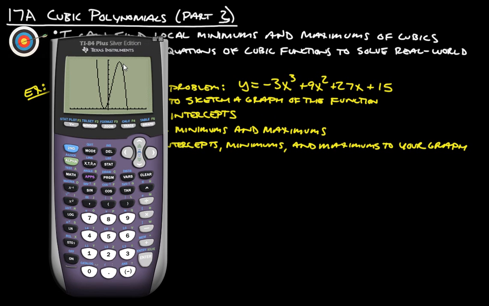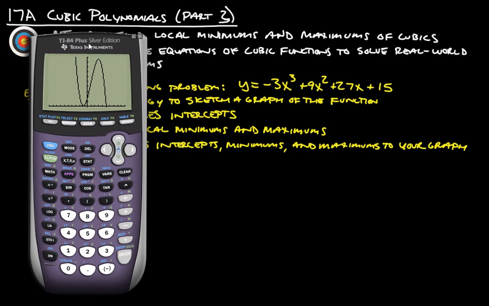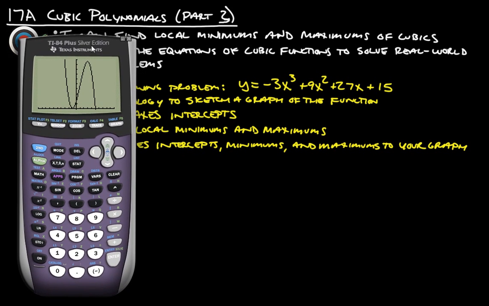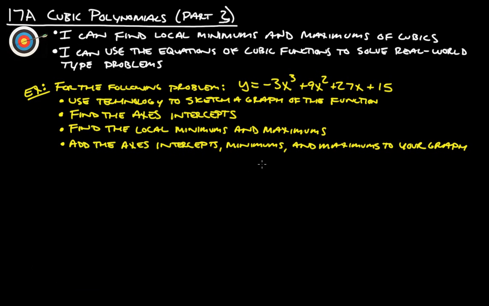So, we left off where we finally got the graphing calculator to show the graph that we wanted. It asked us to sketch a graph of the function, so we're going to give a little sketch of this over here so we still have room to see our calculator.